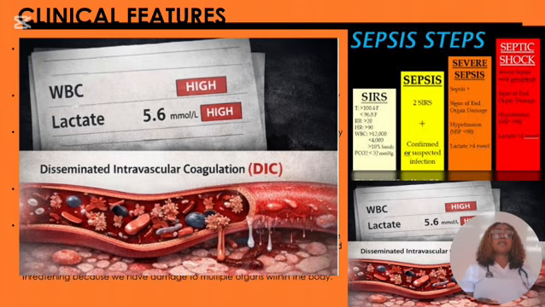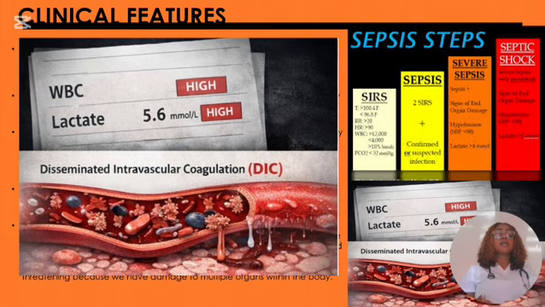SIRS becomes sepsis when we have the features of SIRS plus an identified infection source. So if a client has pneumonia or UTI, they can be ruled in for sepsis. Septic shock is going to occur when we have the signs of sepsis plus hypotension despite adequate IV fluids.